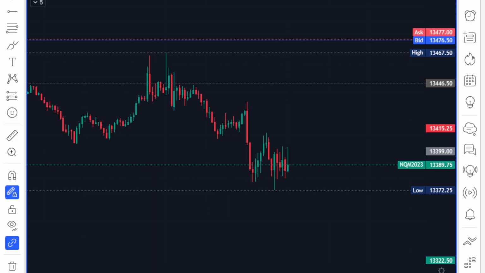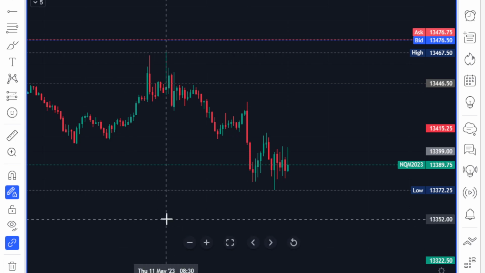It's going to go a lot deeper than I'm going to go today. This is just going to be a bare bones explanation of what you should be looking for using the fair value gap entry. So what we're looking at here is the NASDAQ from today, May the 11th, 2023.